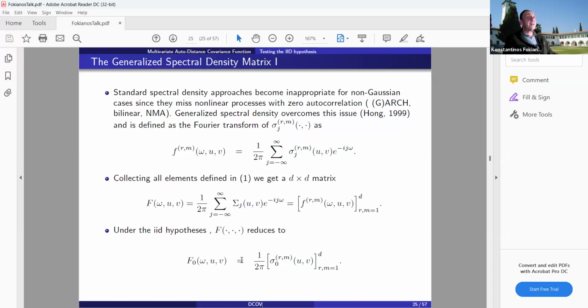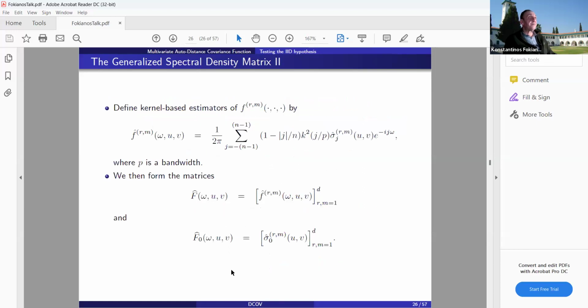So the only thing it has is just a matrix at 0, which has all these elements. So the idea is how to make a test statistic for testing the IID hypothesis: take the distance of this to this, and see what comes out.